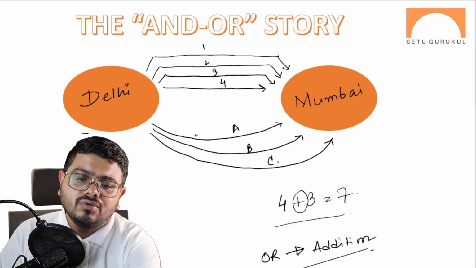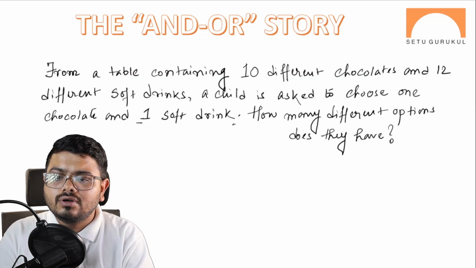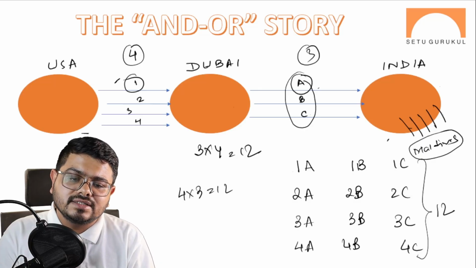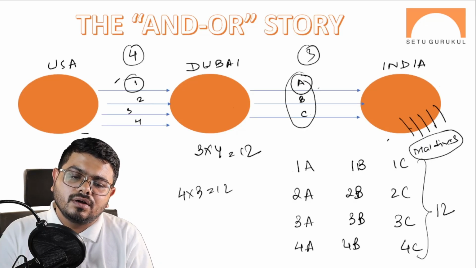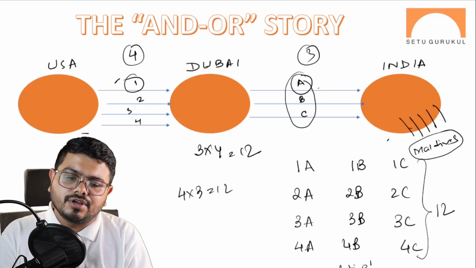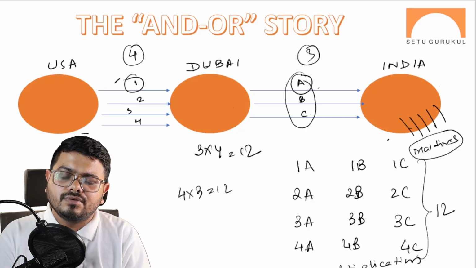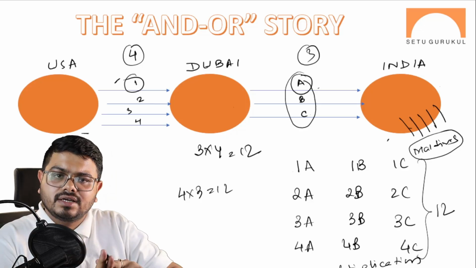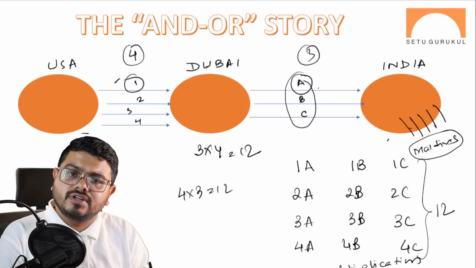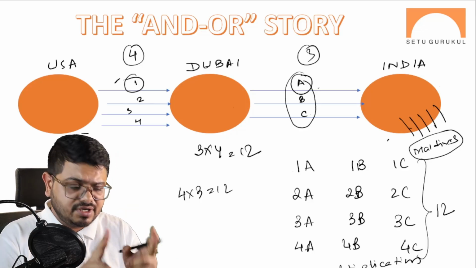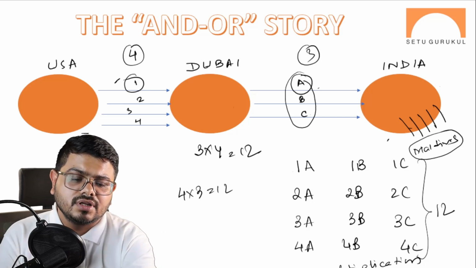Contrary to what we saw over here, an and scenario results in what? A multiplication, right? So the and scenario, non-conflicting time, non-conflicting space, results in a multiplication.